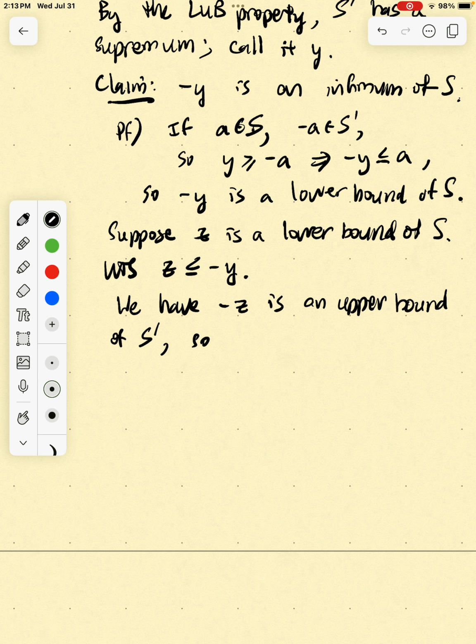Since y is the supremum of S prime, we know that y is less than or equal to negative Z, and that implies that negative y is greater than or equal to Z. And that proves that. So that's the proof of the theorem.